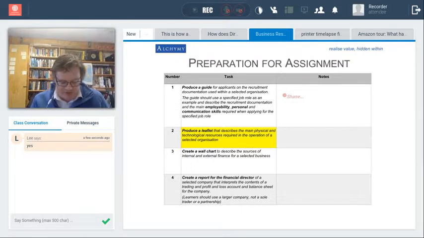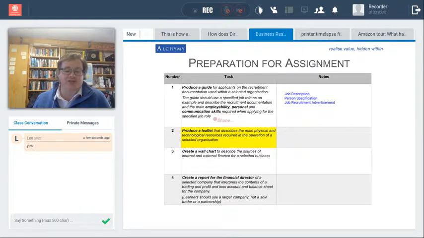And remember, the purpose of recruitment is to generate the widest possible pool of potential employees from whom you can select. Okay, so the guide should use a specified job role as an example to describe the recruitment documentation and the main employability, personal, and communication skills required.